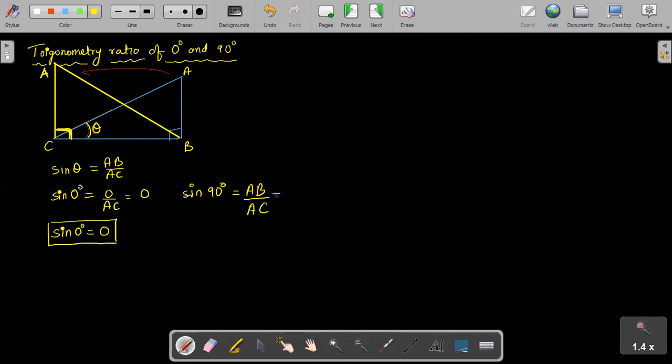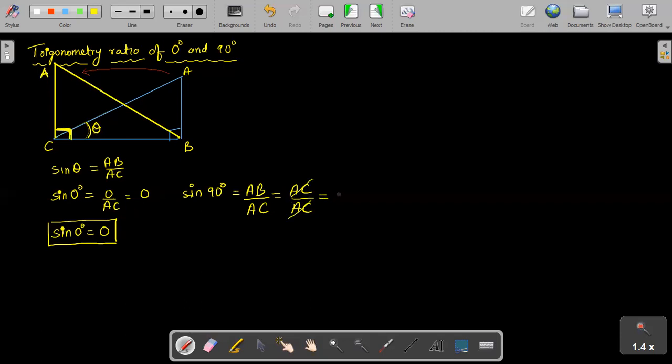Now in this case, you got my point why I'm writing like this. AB पहले जो हमारा opposite था वो same opposite side ही है, लेकिन it is now looking like in a different right angle triangle. Okay, but still the length is same. So AB divided by AC, in that case हमारा AB actually hypotenuse की तरह ही है, as you said, both are actually hypotenuse sides only, in other words.